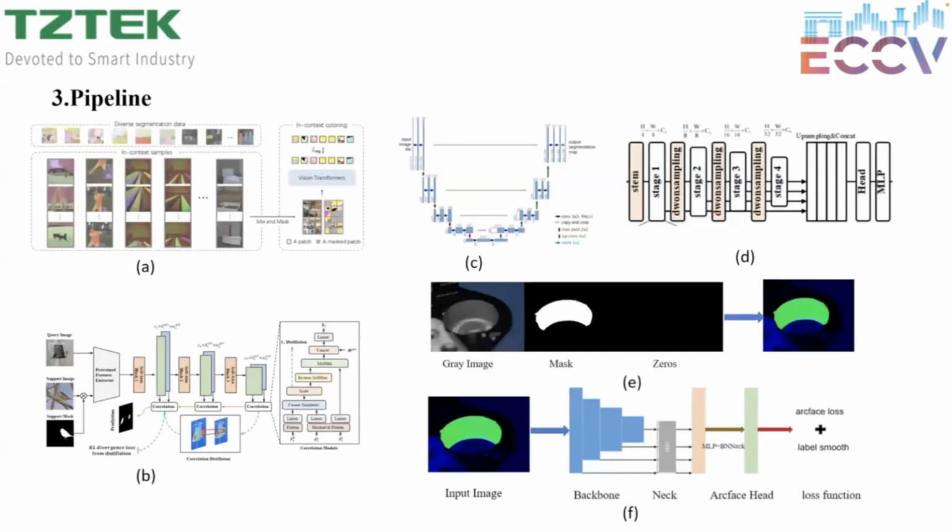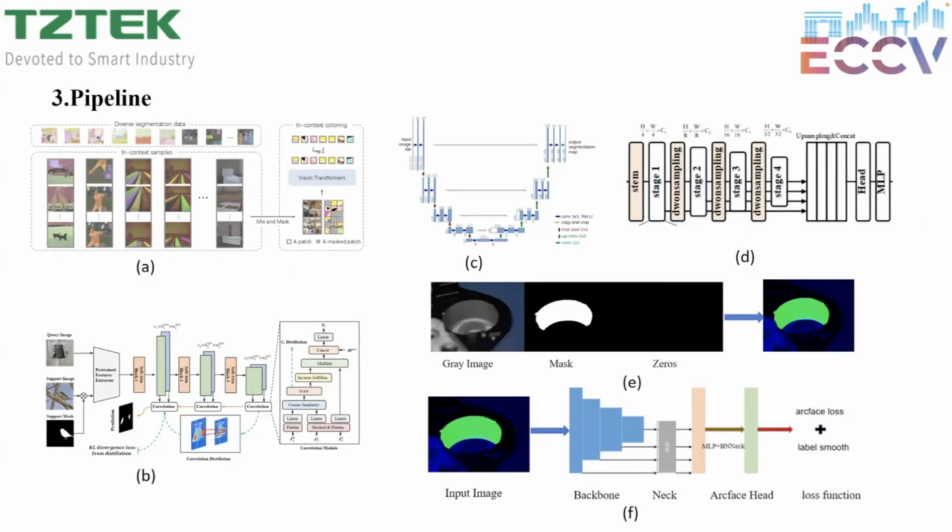Below are some model details of our pipeline method. Figure A and Figure B represent the network structure of SegGPT and HDMNet. Figure C and D represent the network structure of UNet and SegNext.